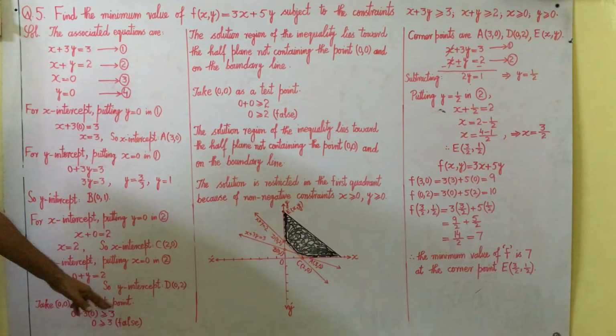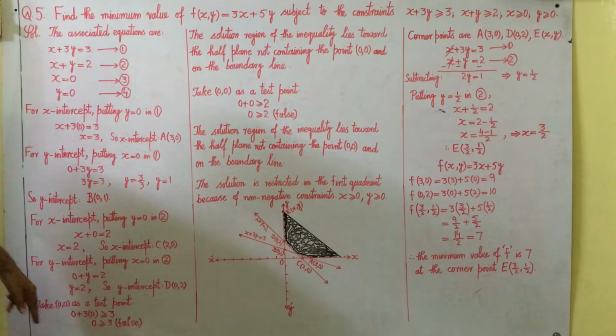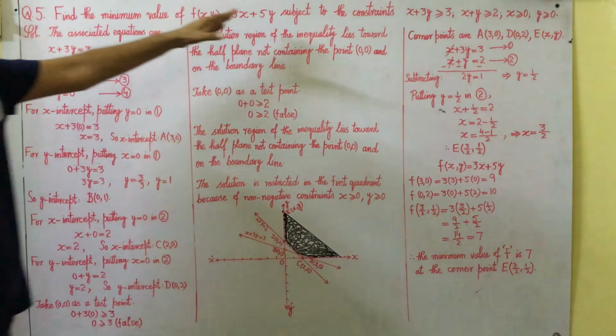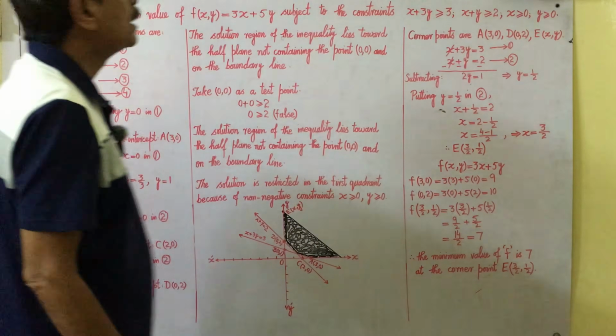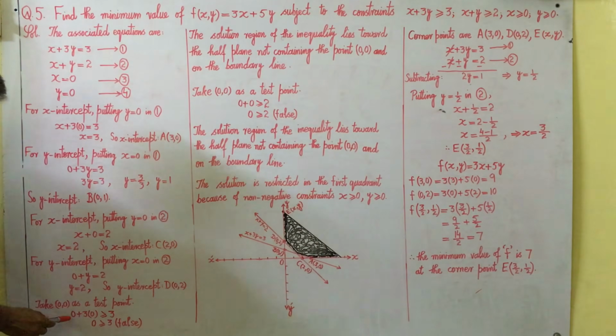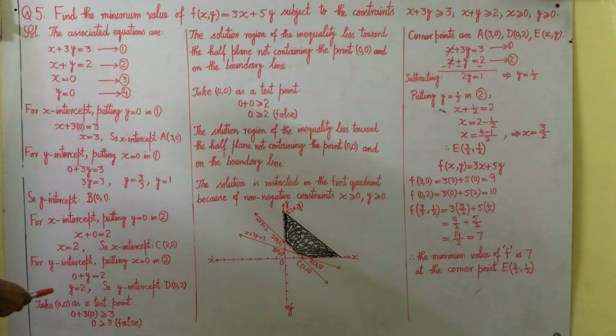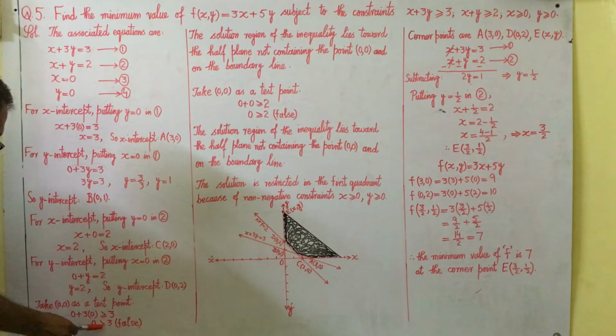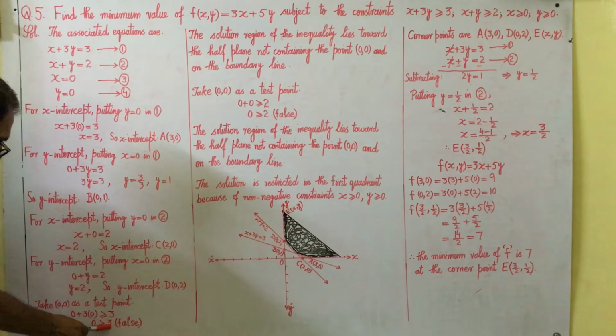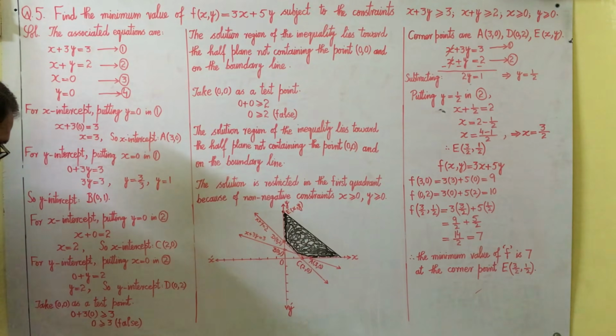Take (0, 0) as test point and put (0, 0) in inequality 1. x + 3y, 0 + 3 into 0, is 0 greater than or equal to 3? Obviously false. 0 is less than 3.